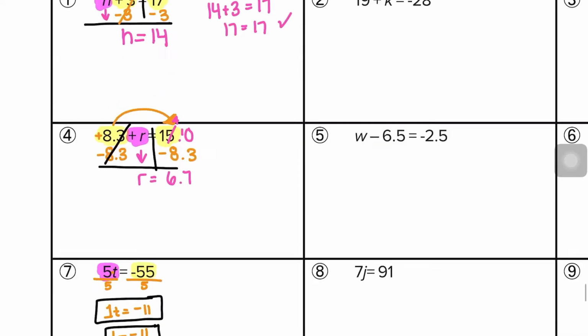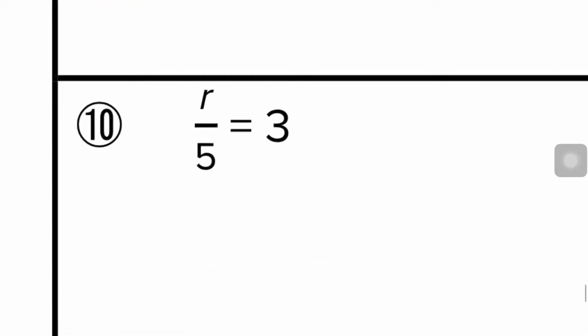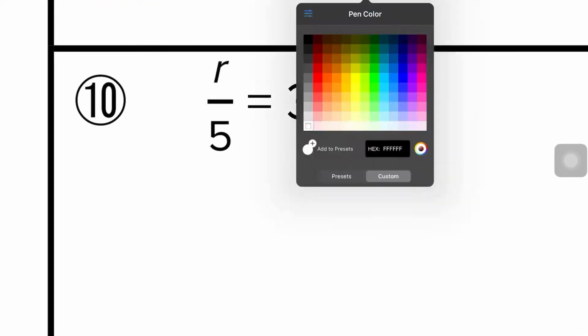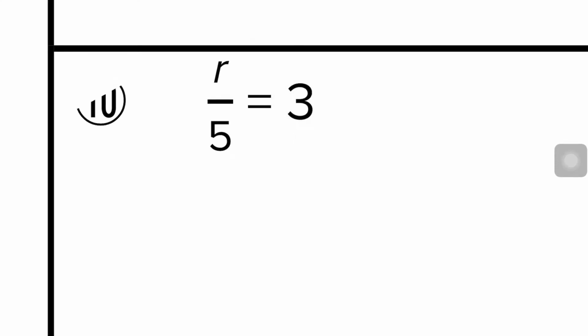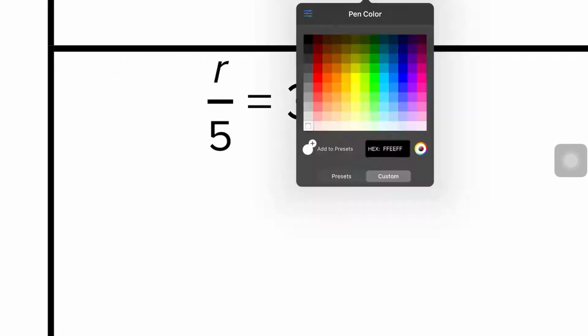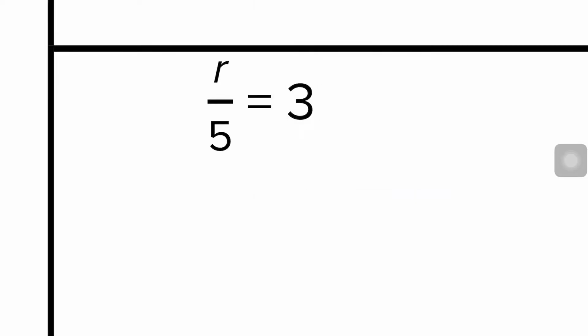Now let's do number 10. Number 10 says r divided by 5 equals 3. So I notice that I am dividing.